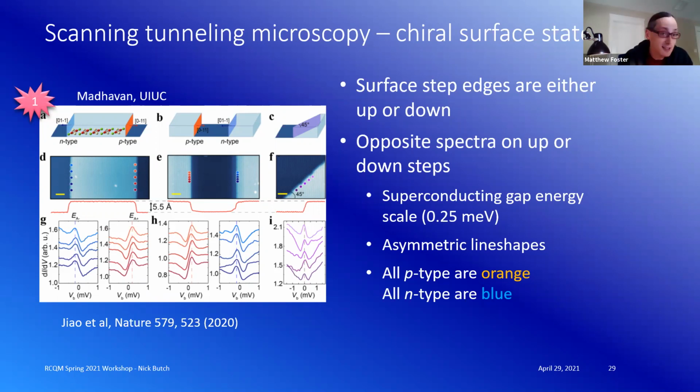And you would expect a constant density of states associated with these chiral sheets of current. So looking at this data, what crystal surface are they looking at here? Would you expect to see a chiral surface current flowing across this top surface? Why is it only along step edges?